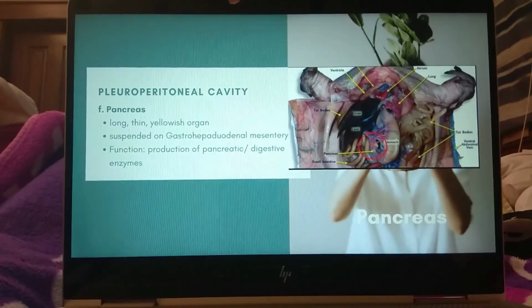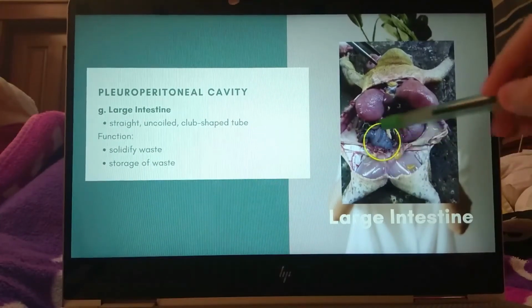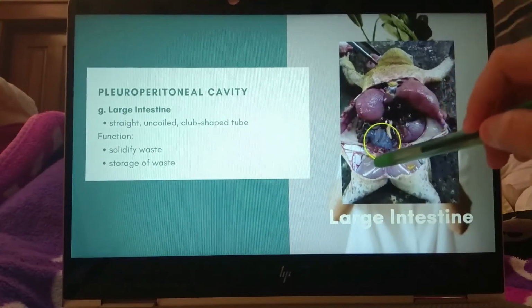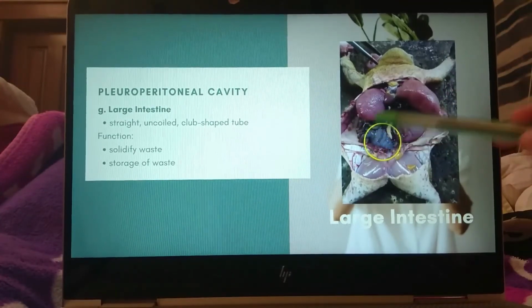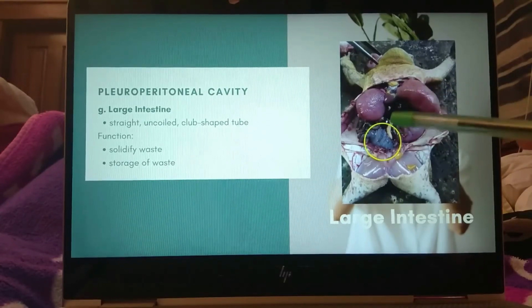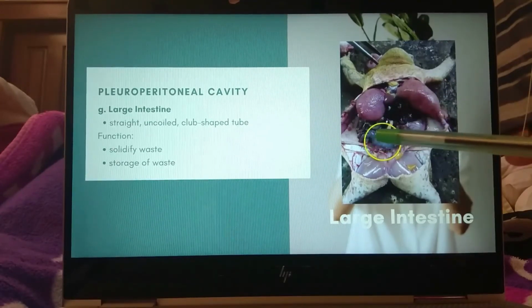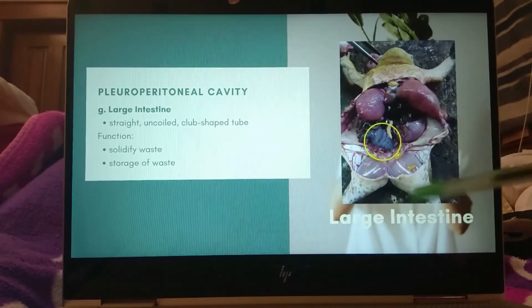Next, we have the large intestines here, which are straight and uncoiled, unlike the small intestines, which are coiled. It is also club-shaped, and it continues from the small intestines up to the end at the anus.